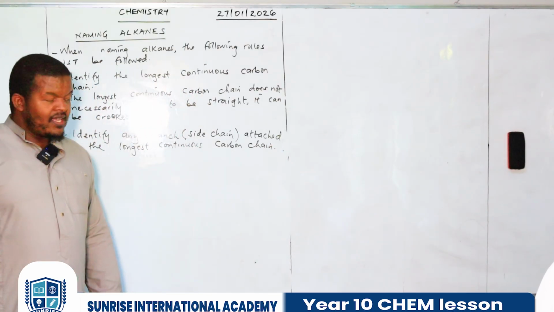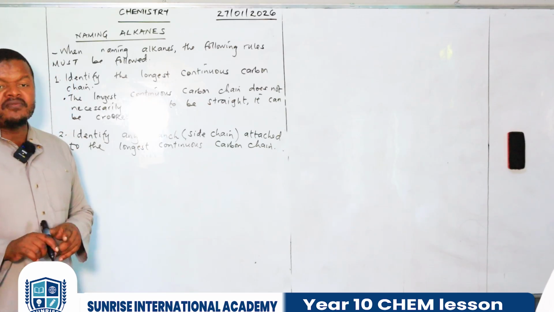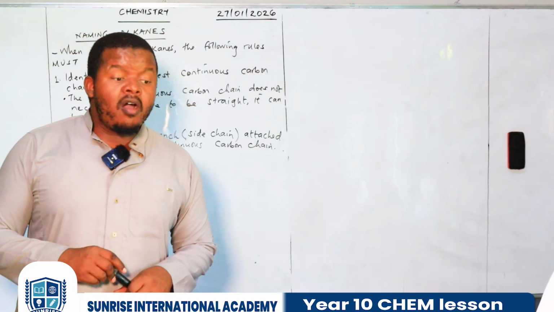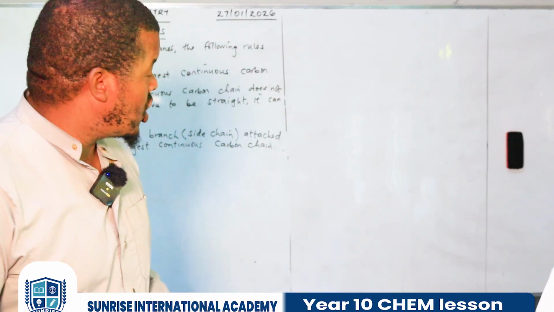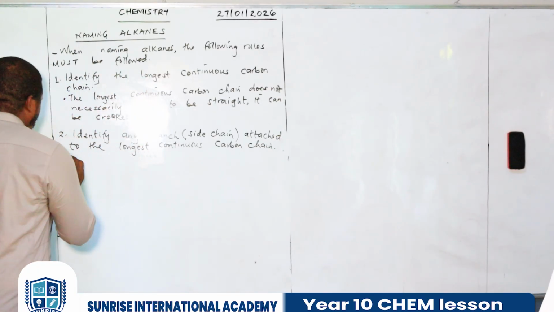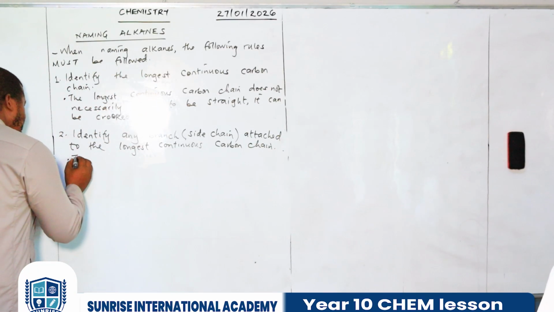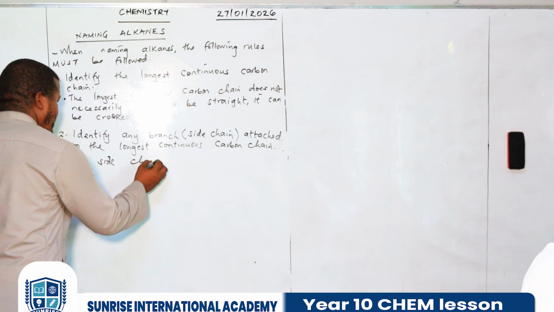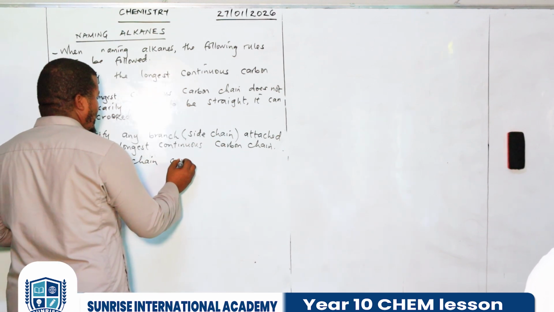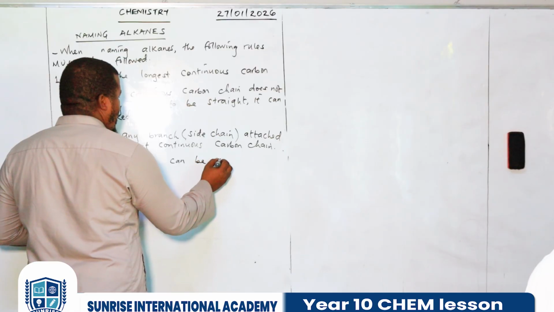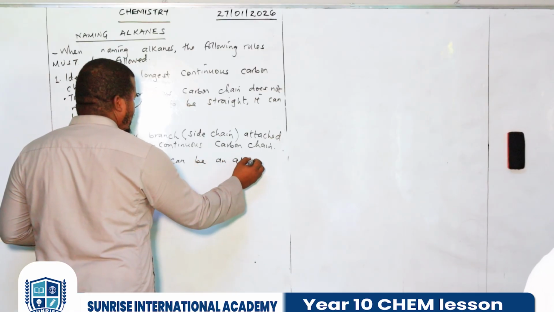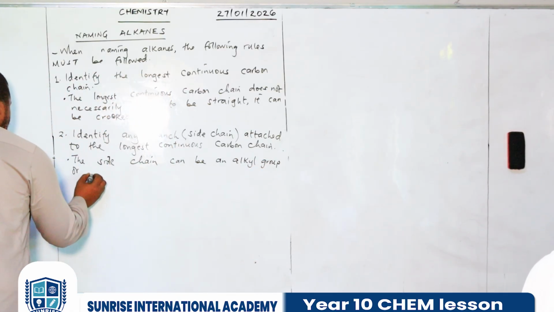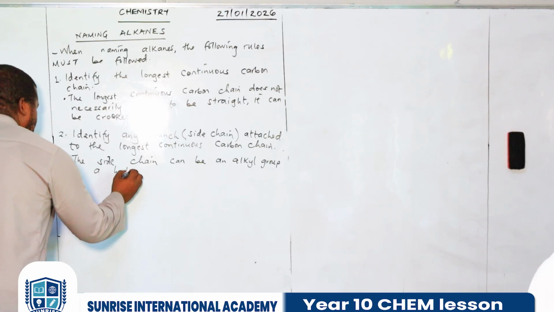Now, this branch at this level can either be an alkyl group or a halogen group. So that is also important to note, that the side chain can be an alkyl group or a halogen group.